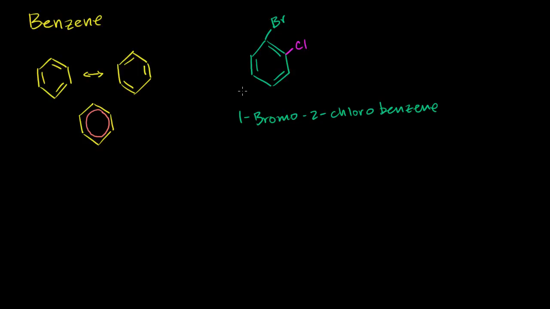Now it gets a little bit more involved. The IUPAC, which we know is the group that named most things, came up with a separate naming mechanism from the common names for everything else we've seen so far. But benzene is so ingrained in the organic chemistry community that for all of the benzene derivative molecules, they just said, well, you know what, we're just going to use the names that everyone uses.